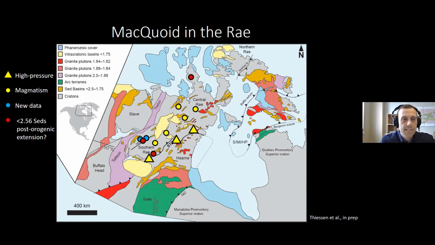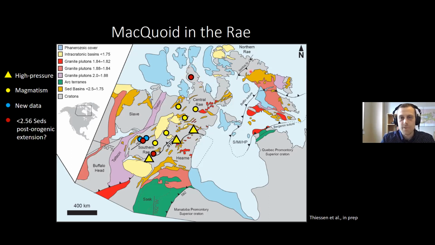And then interestingly, this metasediment that I analyzed in and of itself, not too much information is gleaned, but I know there's a few other examples of these sediments throughout the South Rae, and there's been a little bit more study of some of these sediments up in the Boothia Peninsula, up in the northern part of the Rae.